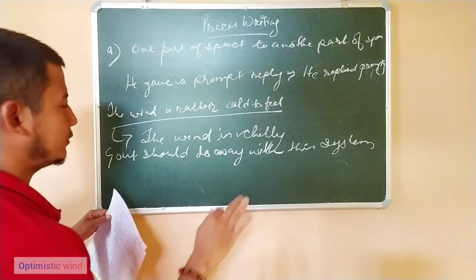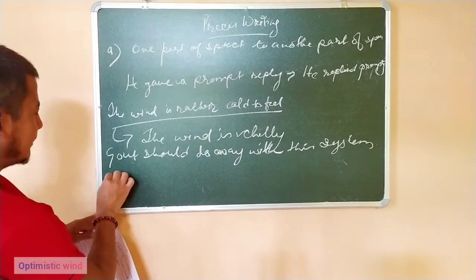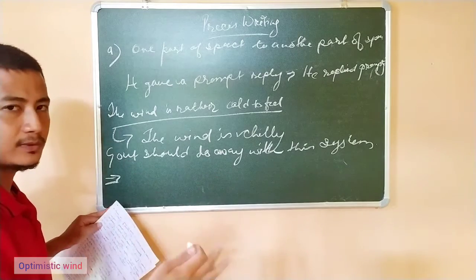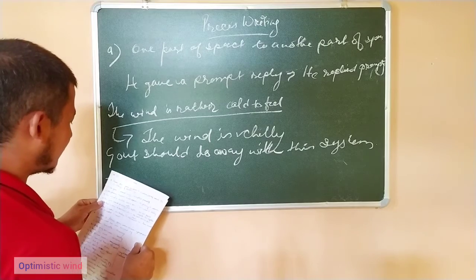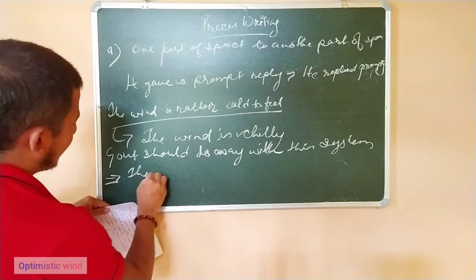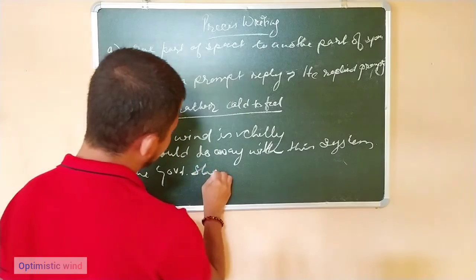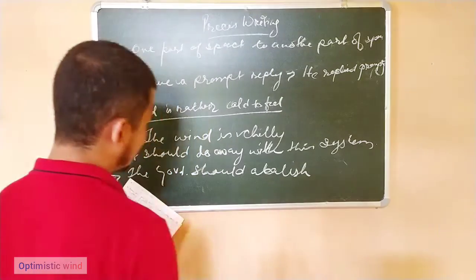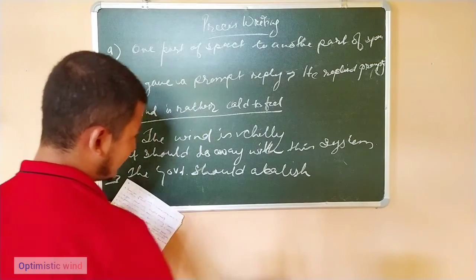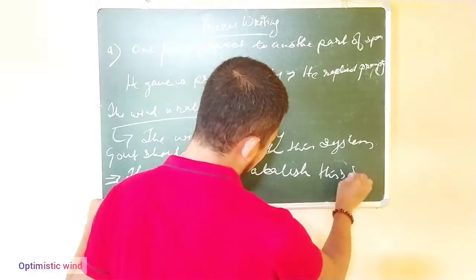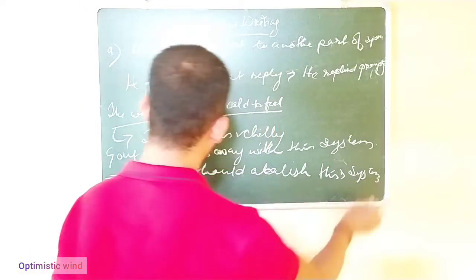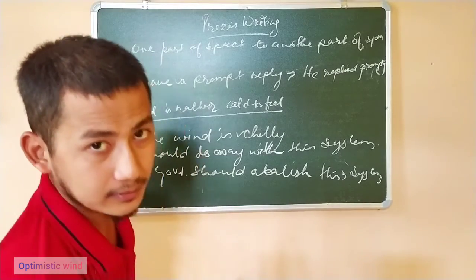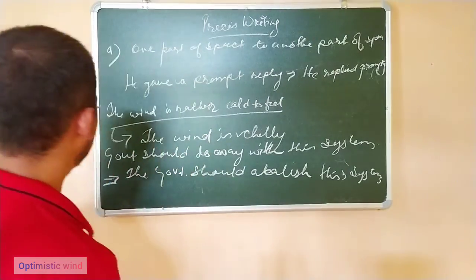If we convert this part of speech to another part of speech, it can be written as "The government should abolish this system." Abolish this system, very simple. So in that way we can change the part of speech.